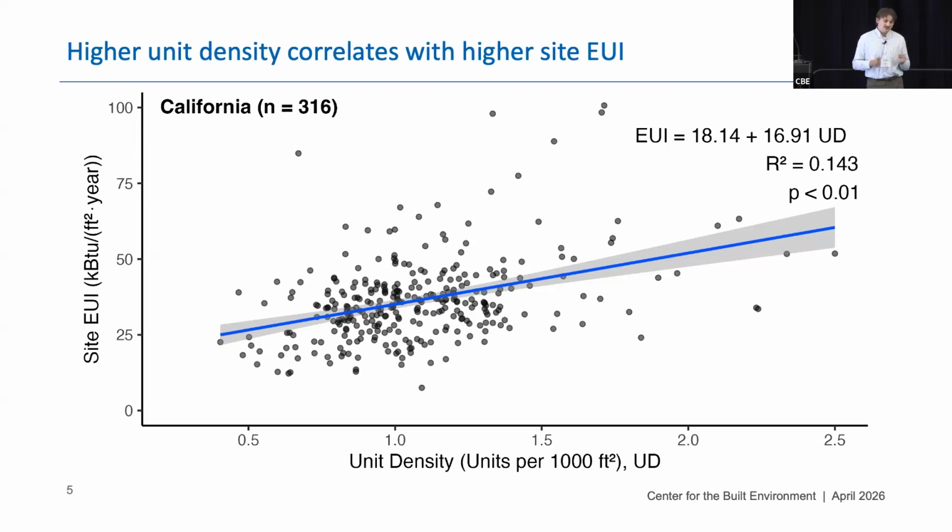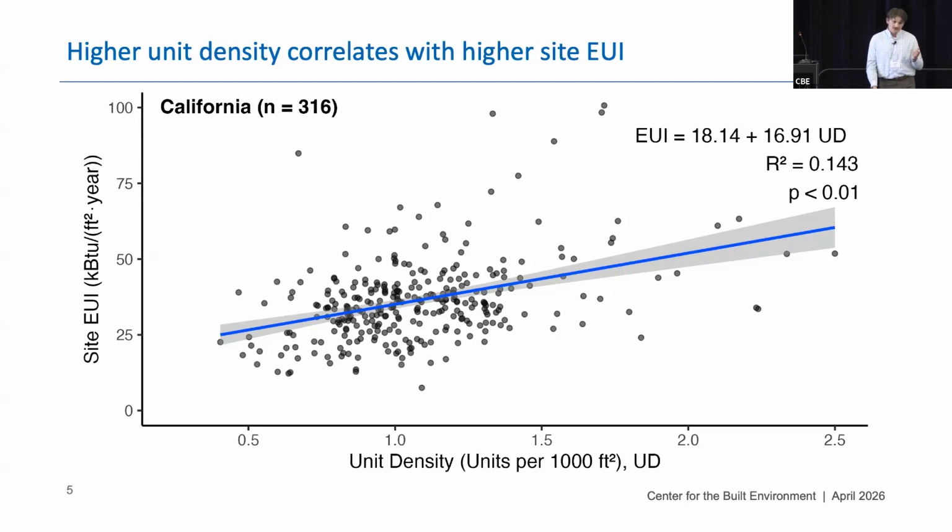We applied linear regression and saw a positive trend that, yes, as unit density increases, so does site EUI. This has an R-squared value of around 0.14, which is low, and it indicates that only around 14% of this variation in energy use is explained by unit density. But these results did have a high statistical significance indicated by the p-value, indicating that this trend is likely.